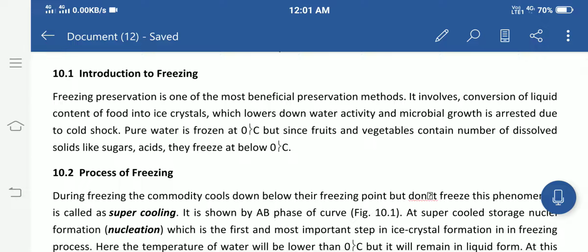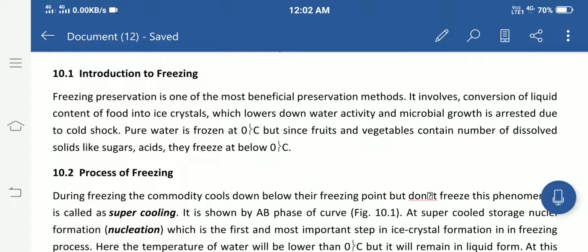The microbial cell can only transfer nutrients in and waste material out through the cell wall. The materials therefore must be in soluble form to permeate the cell wall.